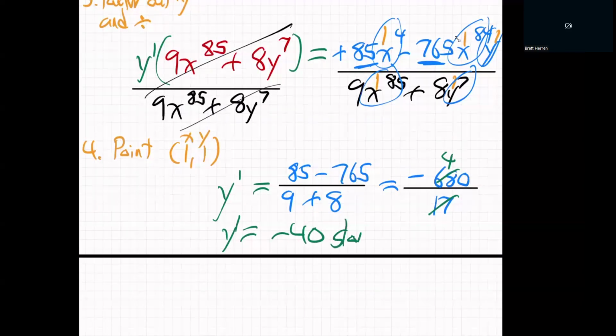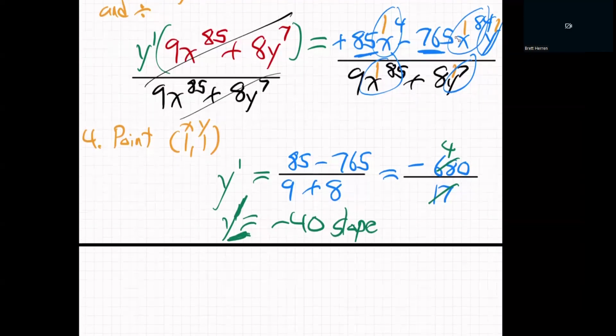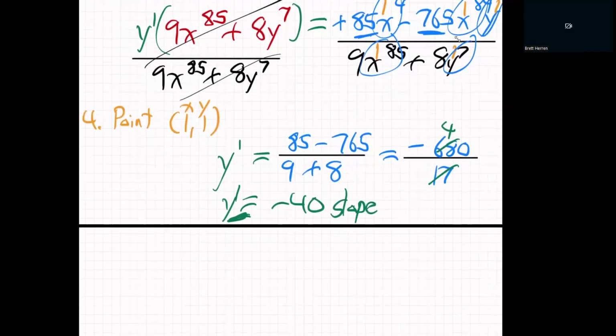Now that's the slope. Why? Because it's y prime. Remember, y prime is slope. Y prime is the derivative. That's the m, in other words.